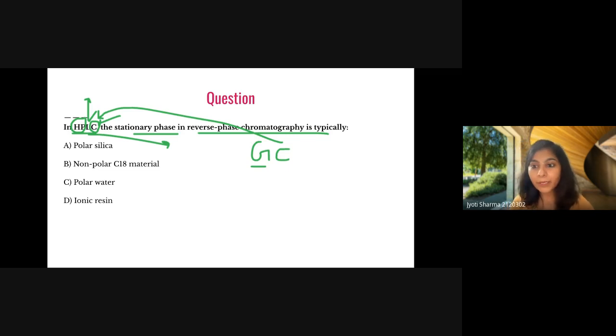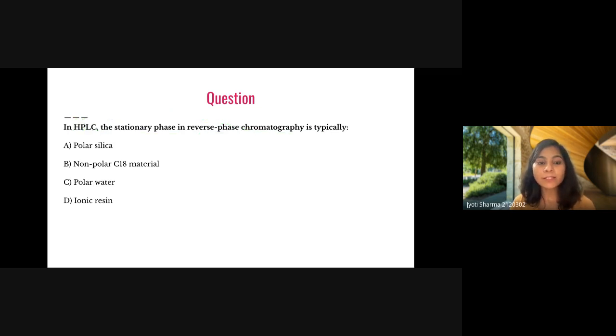Priscilla gave me the B answer, that is non-polar C18 material. Yes, you are right. So if the HPLC is reverse phase chromatography, the stationary phase will be non-polar C18 material.